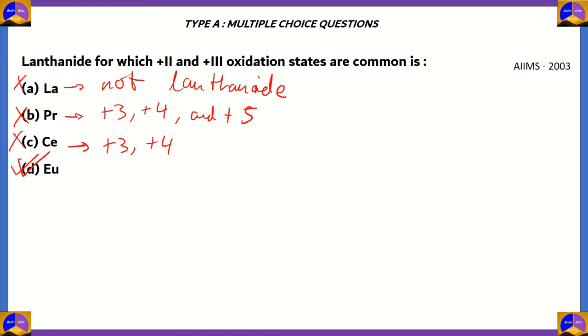The right answer is option D, europium. Europium has +2 and +3 oxidation states as common. Now you know +4 and +5 may occur, but they are uncommon. For cerium, +4 is common, which is why it's incorrect, and for praseodymium, +4 and +5 are common, but +2 is not common, so therefore options B and C are incorrect.